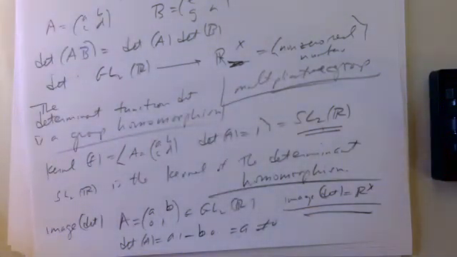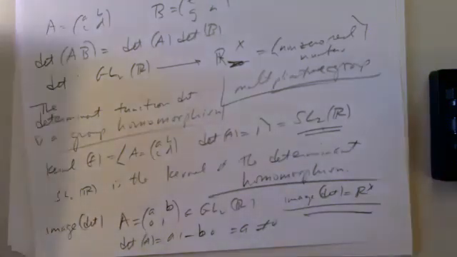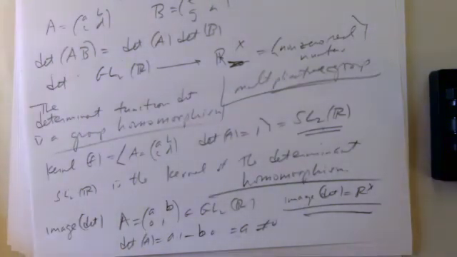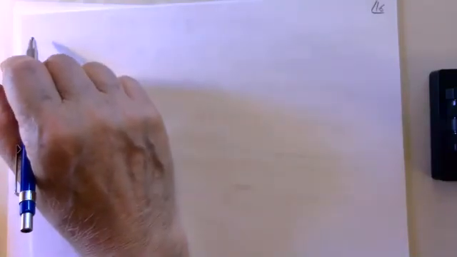So the exponential function and the logarithm function are really very nice examples of homomorphisms that are important in calculus. And let's look at 1 or 2 more examples of homomorphisms. So first of all, we have the complex numbers.